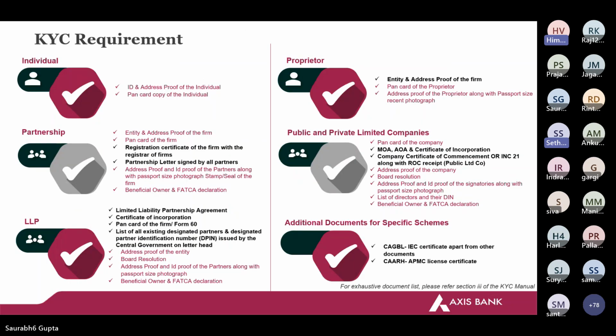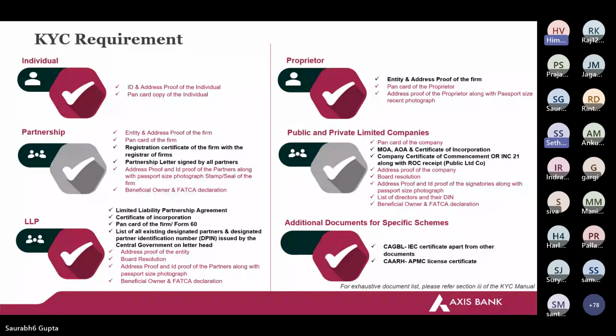So go ahead. Like I mentioned, with respect to the KYC documents for opening any current account, it varies with respect to the constitution in which the current account is getting opened. In case of an individual current account, which is very similar to a savings account, just by getting an ID, address proof, and a PAN card, you can open the current account for an individual.